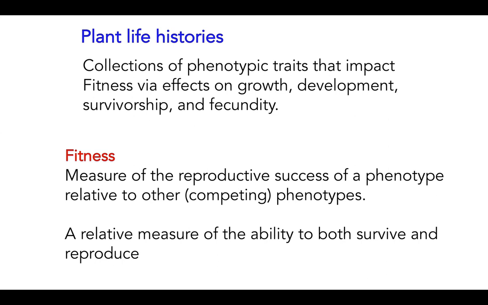Fitness is a measure of the reproductive success of a phenotype relative to other competing phenotypes. It is important to underscore that fitness is a relative measure of the ability to both survive and reproduce. We've emphasized that several times during the class.